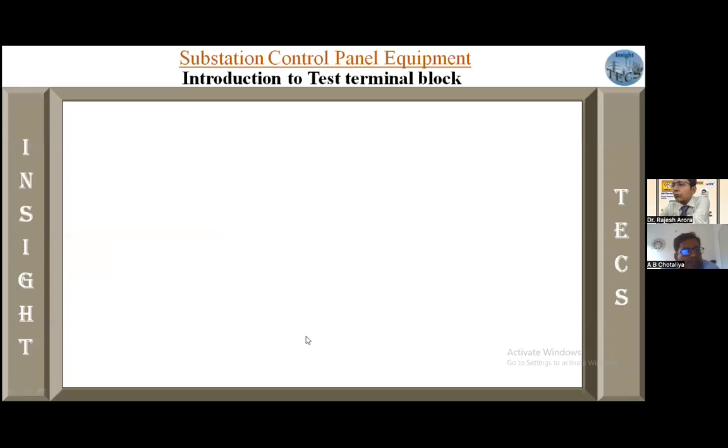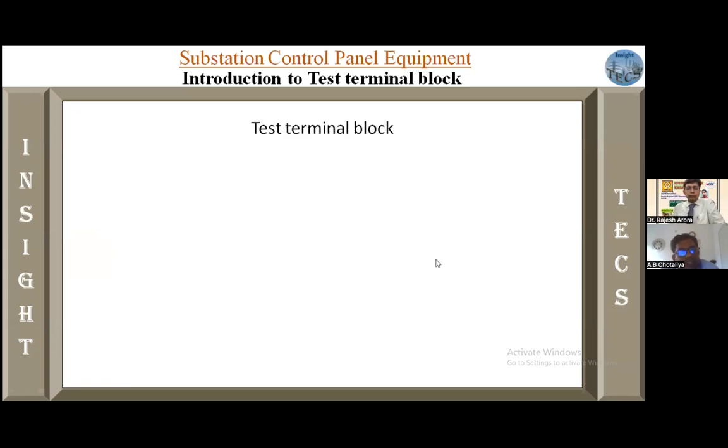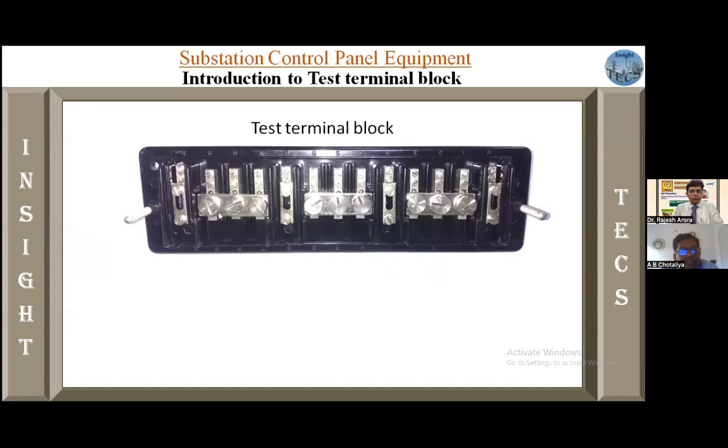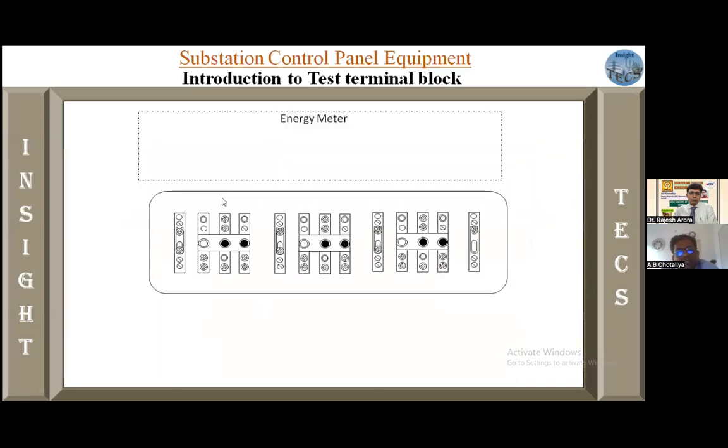Okay, now we'll see the test terminal block, how it works. Okay, the test terminal block is like this or like this. This is the oldest one and this is the newer. Let's see how it works. Okay, this is the diagram of the test terminal block where our CT and PTs come.